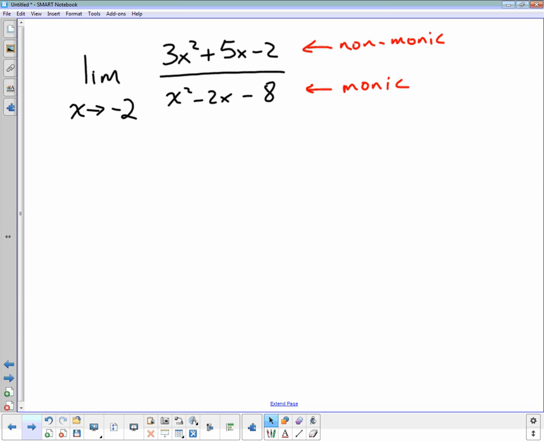A non-monic polynomial is a pain because we don't have that 1 in front and we can't just break it up right away. Some people even go so far as to plug in random numbers and hope that one of them actually works, or something like that.